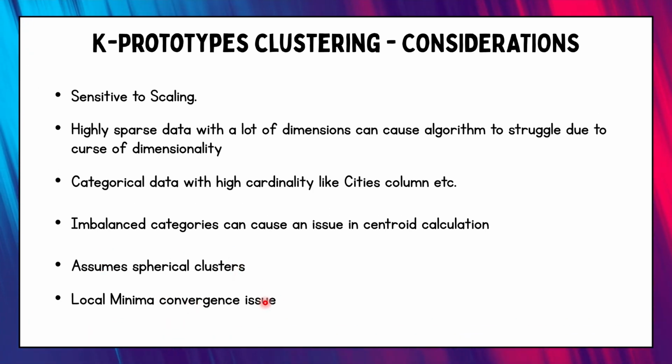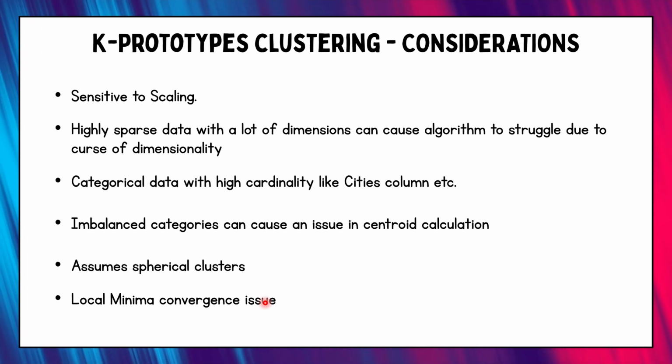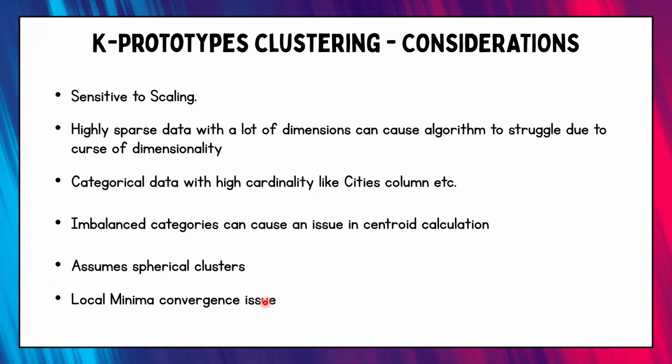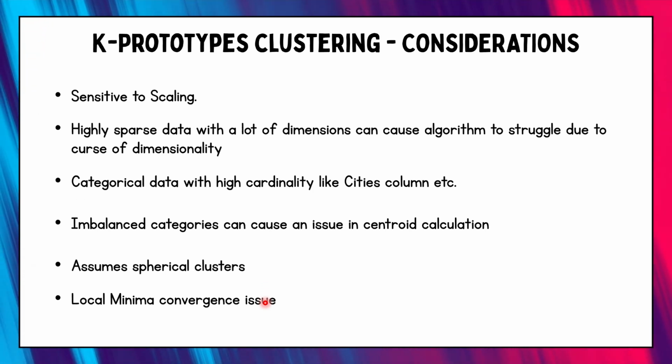Local minima convergence issues. Now this is a very common issue with K-means and K-modes, because, as you saw, we are randomly initializing the cluster centroids, and it is very likely that we might converge on a local minima. Our algorithm will converge on a local minima, which is not the most optimal centroid position.